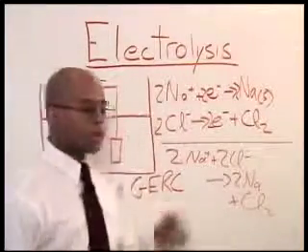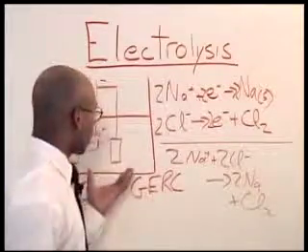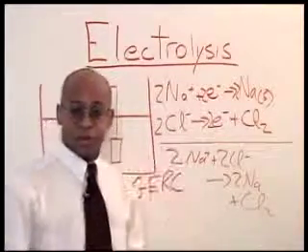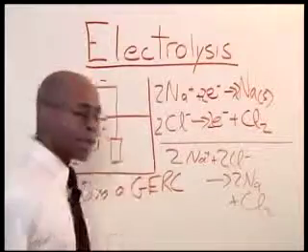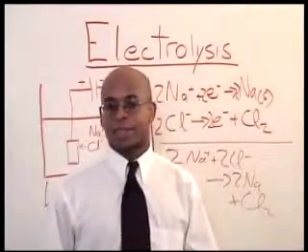So now we have clear what our cathode and our anode are, where they are, why this occurs, and it also provides interesting information about the idea of electrolysis.